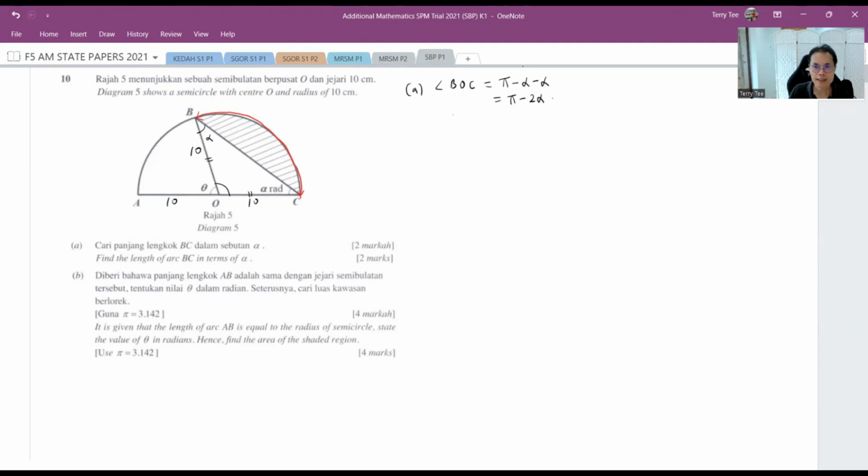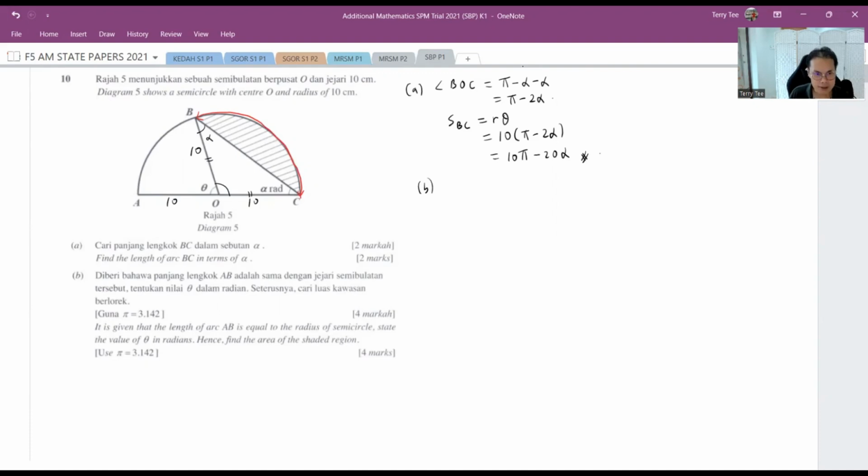So to find length of arc BC, we use s equals r theta. My r is my radius, which is 10. My theta is now pi minus 2 alpha. So when you put them together, multiply, you get 10 pi minus 20 alpha. There you go. That is your length of arc in terms of alpha.